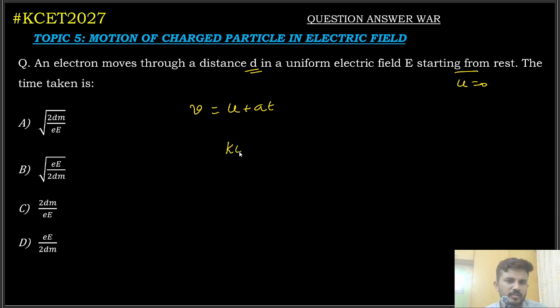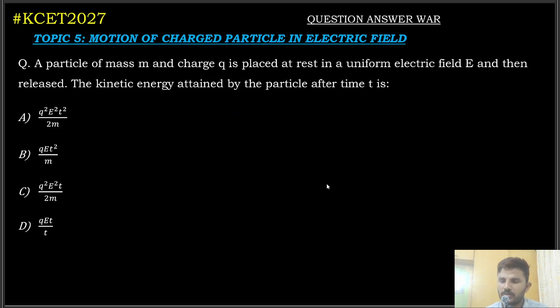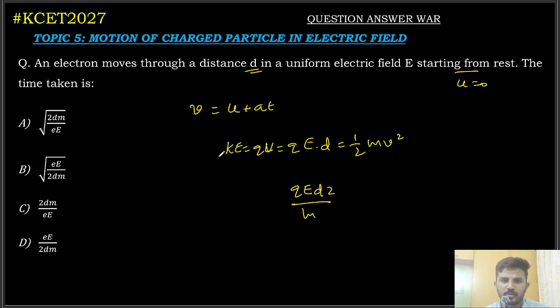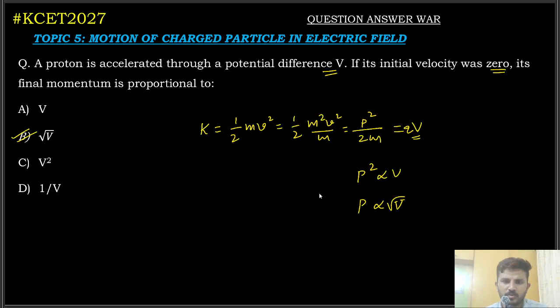So the kinetic energy is qV, or qEd, which is half mv square. Yes, we can use this formula. So v is given by the square root of 2eEd divided by m.